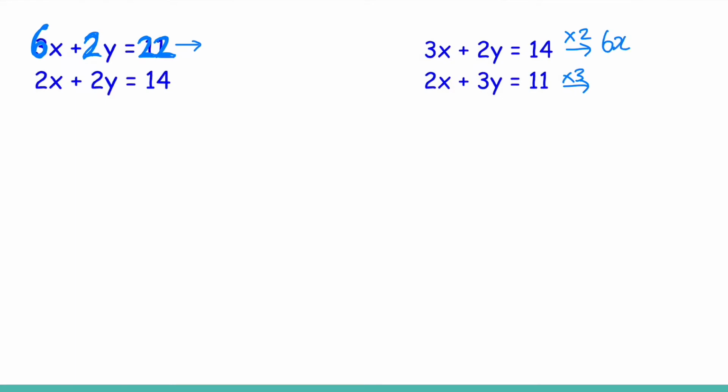So that would give you 6x plus 4y is equal to 28. And then on this side, it would give you 6x plus 9y is equal to 33. We've now managed to get the 6x's the same, so now we know that they're definitely going to work. So just be aware of that when you're doing the elimination method.